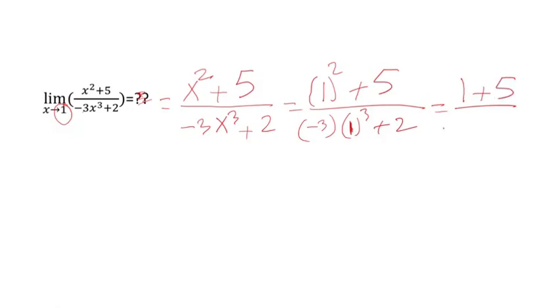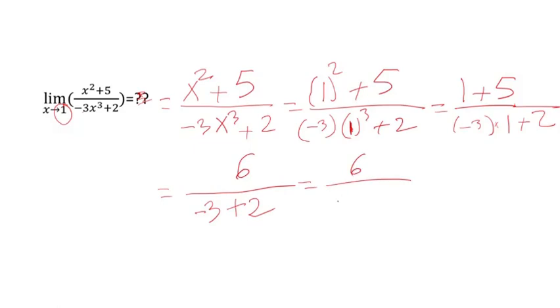So negative 3 times 1 cubed is just 1, plus 2. So 1 plus 5 is 6. Negative 3 times 1 is negative 3, then plus 2. So 6 divided by negative 3 plus 2 is negative 1.